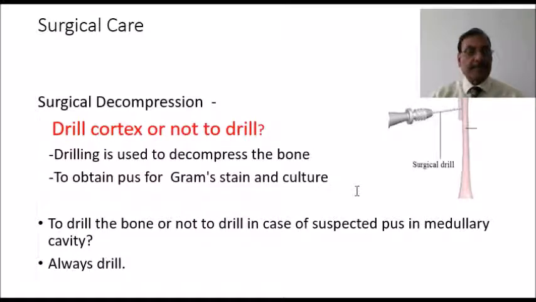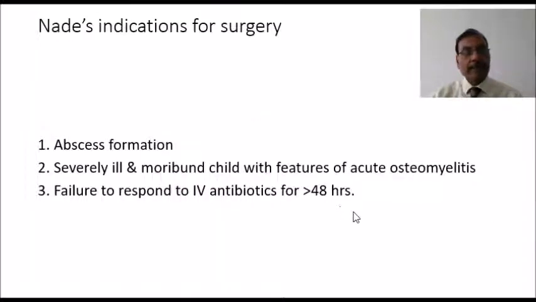And many times you have to do surgical intervention. With the surgical intervention, you have to drill the bone. Whether to drill or not, always try to drill it. If pus comes out, you take it for culture and sensitivity test and also gram stain. Remember some of the indications for surgery given by Nade.